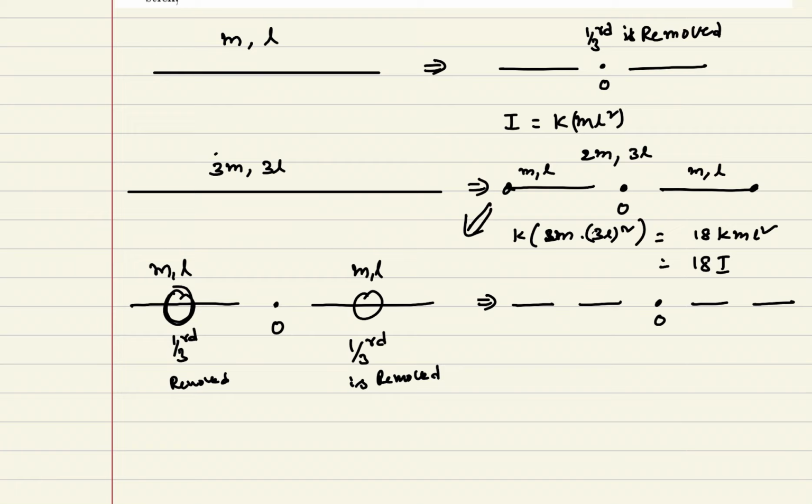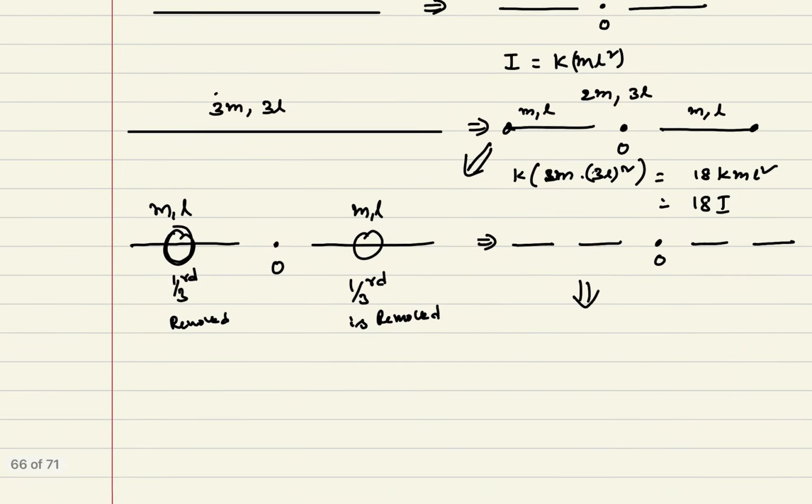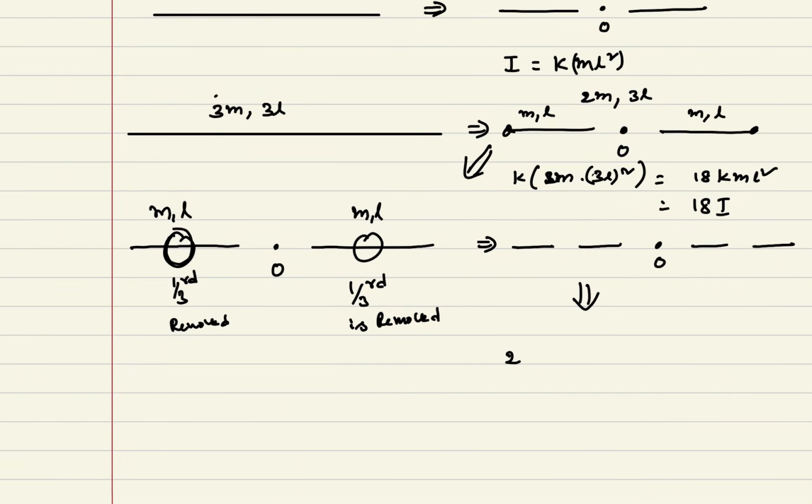We can treat the same thing as 2 times the one end, with point O here. Here this length is l, mass is m, the total mass earlier. This is similar to this line.